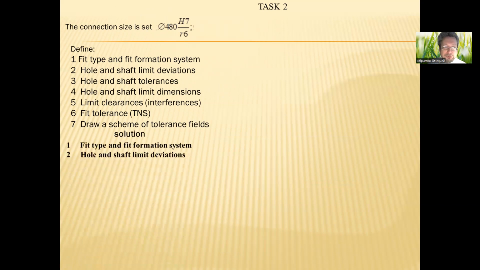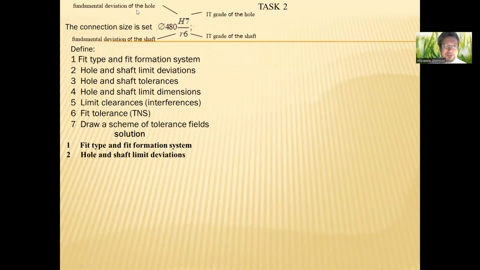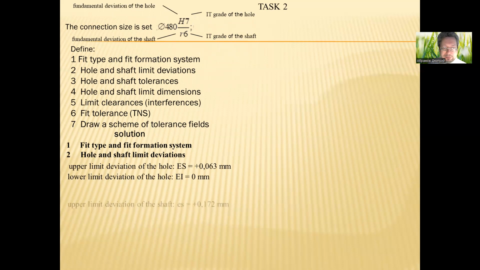We start the solution. First, fit type and fit formation system. We have the fundamental deviation of the hole, fundamental deviation of the shaft, IT grade of the hole, and IT grade of the shaft. Upper limit deviation of the hole, big ES, is equal plus 0.063 millimeters. Lower limit deviation of the hole, big EI, is equal 0 millimeters.